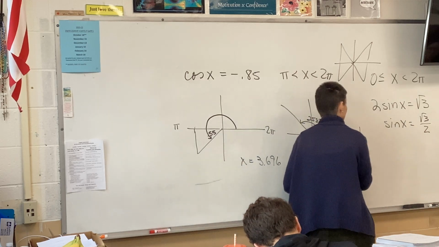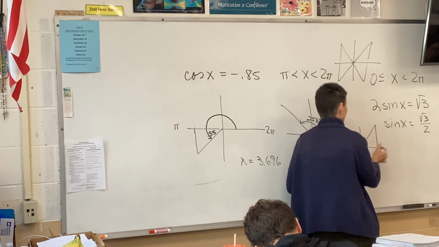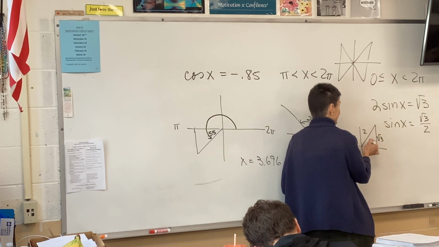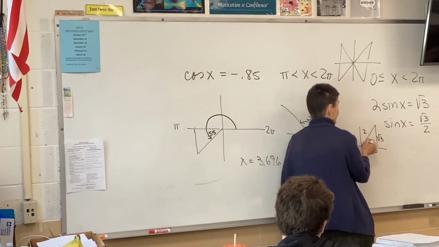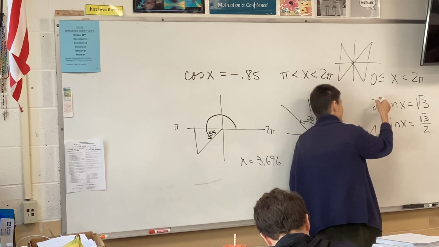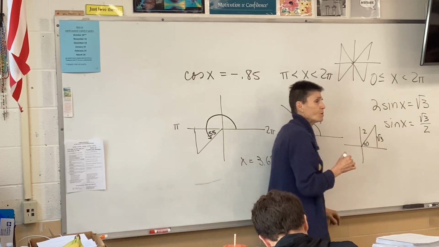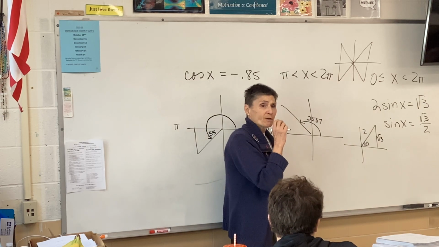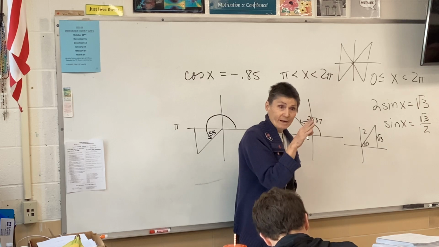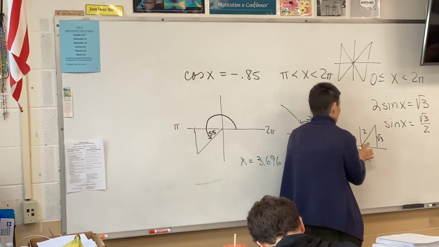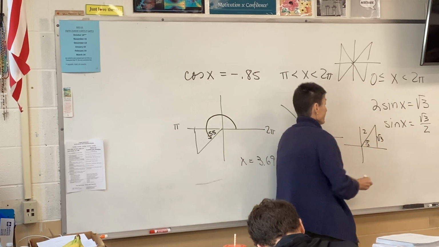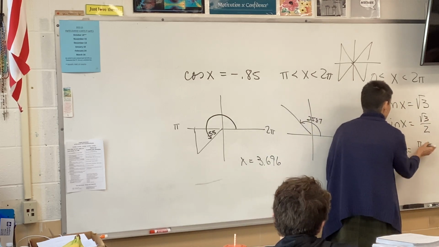If I haven't, I got a triangle that has a sine of root 3 over 2. So how big is this angle right here? 60, and I'm supposed to be in radians though, so 60 is pi over 3, a third of 180. So my reference angle is pi over 3. One of your answers, Sabrina, is pi over 3.